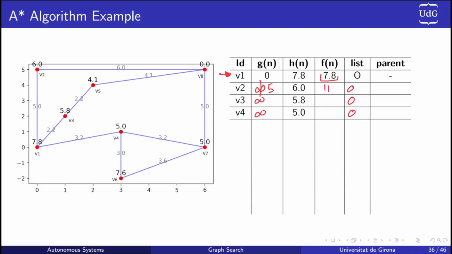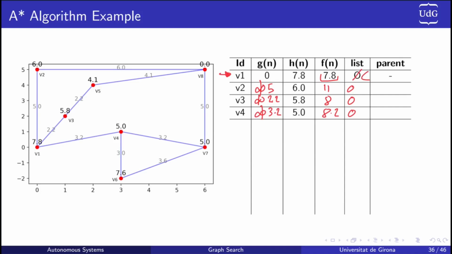For reaching B3, the tentative cost is 0 plus 2.2, and Fn here is 8. And for reaching B4, it's 0 plus 3.2, and then Fn here is 8.2. B1 is no longer in the open list, now it's in the closed list.